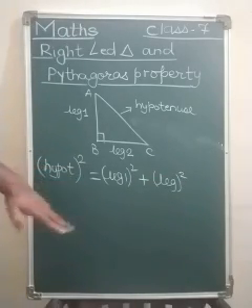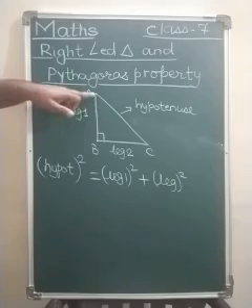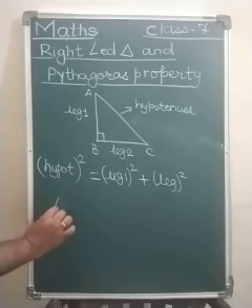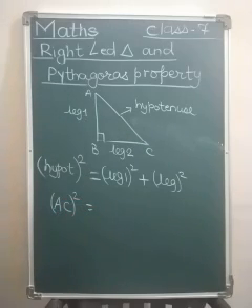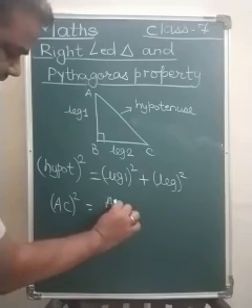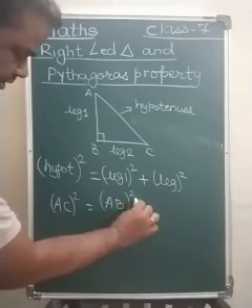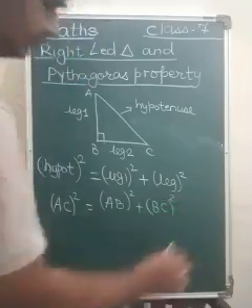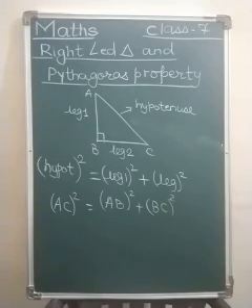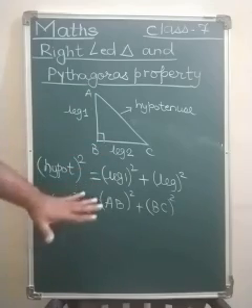So this is very simple. That means if you name it AC square, whatever would be the length of AC will be equal to AB square plus BC square, and done. This is what the property says.